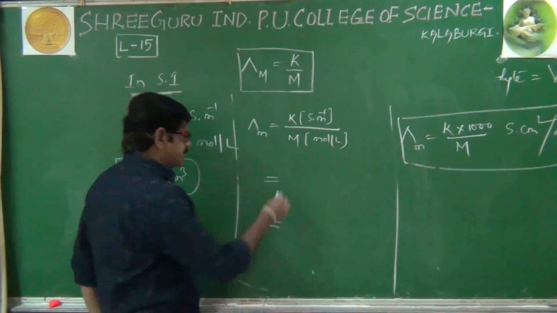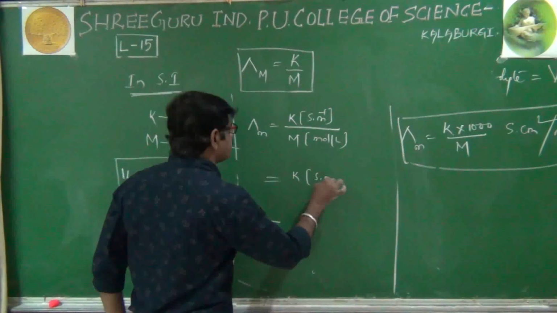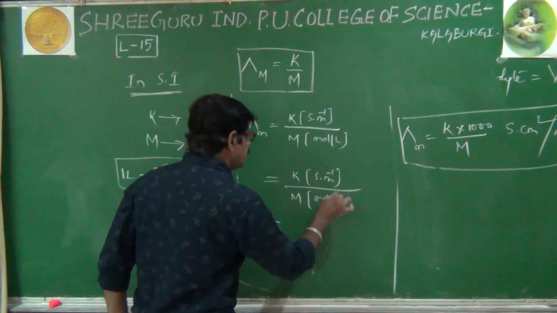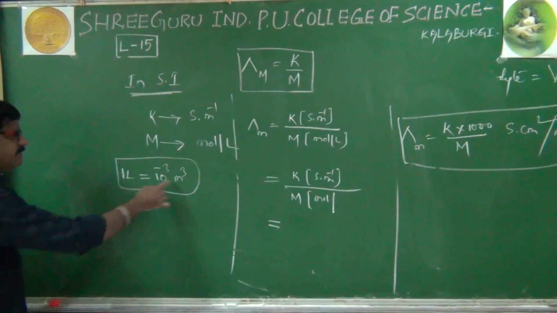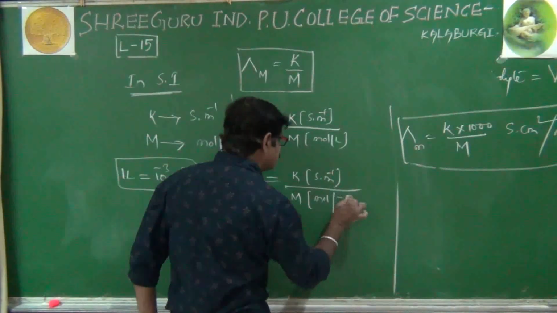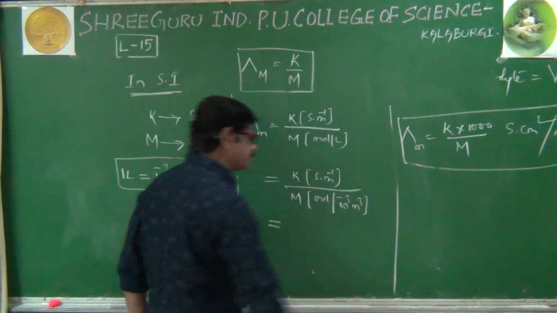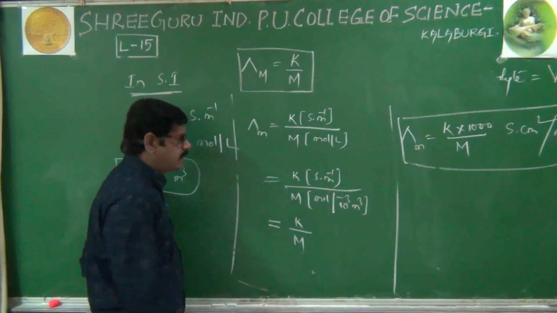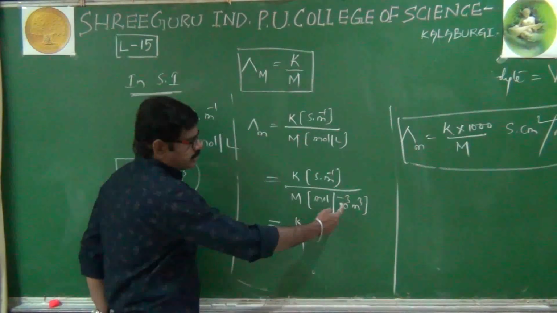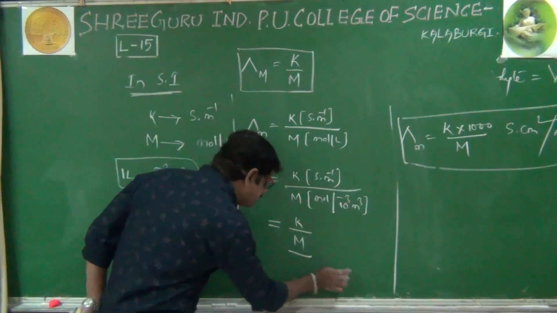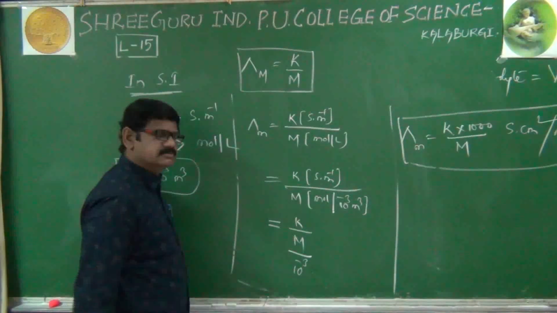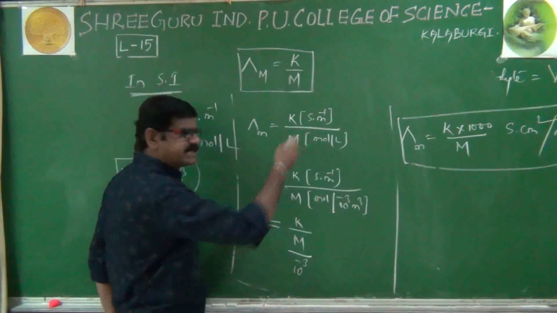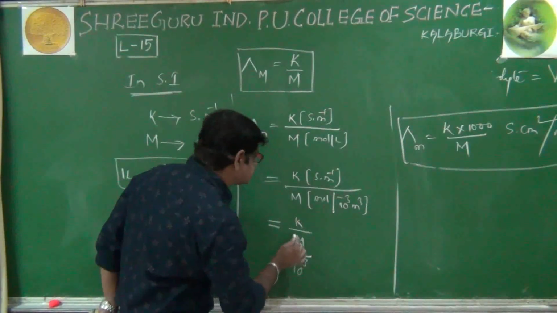K Siemens per meter divided by m mole per liter. 1 liter is equal to 10 to the power of minus 3 meter cube. Next, K by m, see here, divided by 10 to the power of minus 3, and the 1 by meter cube is shifted into the numerator.